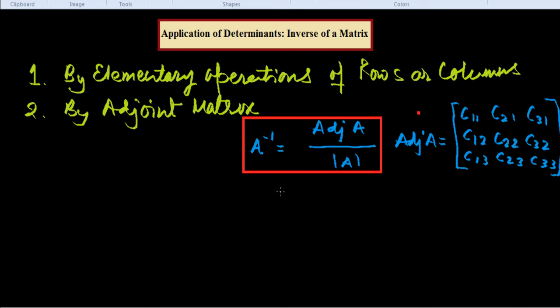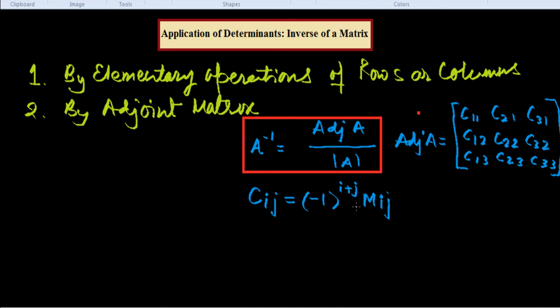Now, what is C? Cij is equal to minus 1 to the power i plus j times Mij. Here i is the number of the row and j is the number of the column.